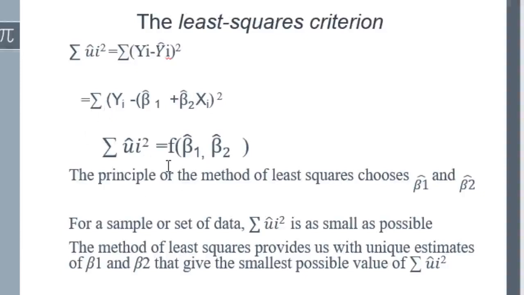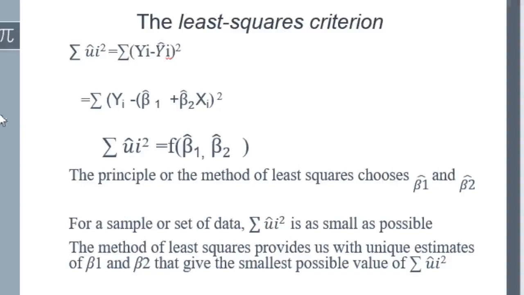Or, in other words, for a given sample, the method of least square provides us with unique estimates of beta 1 and beta 2, which will give the smallest value for ui cap square. How this is possible is explained in the following section.